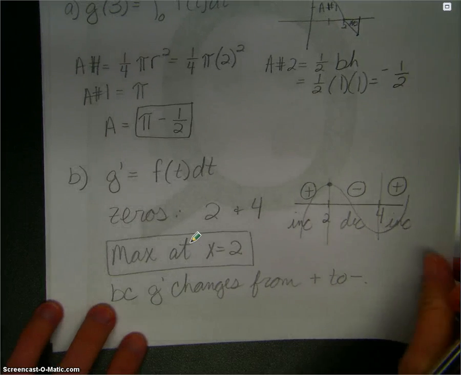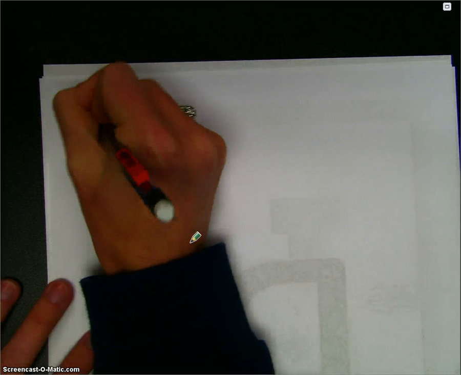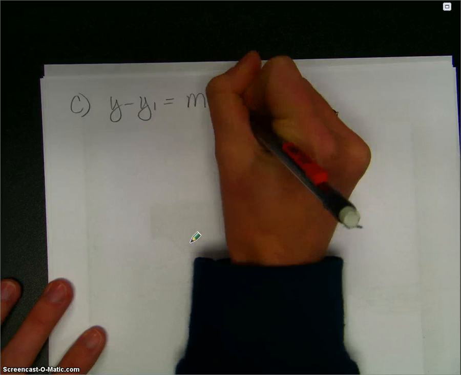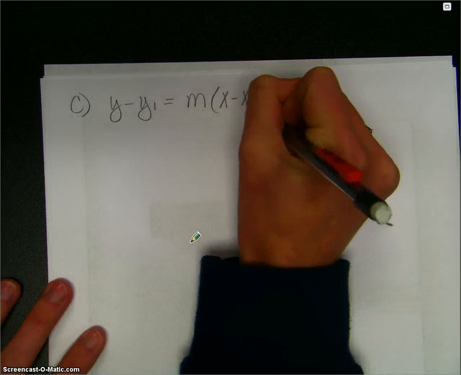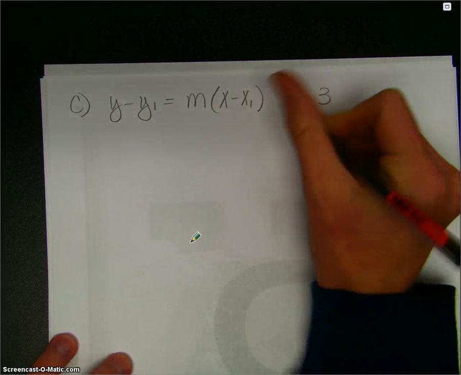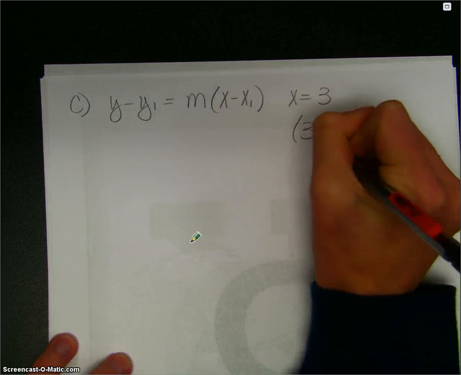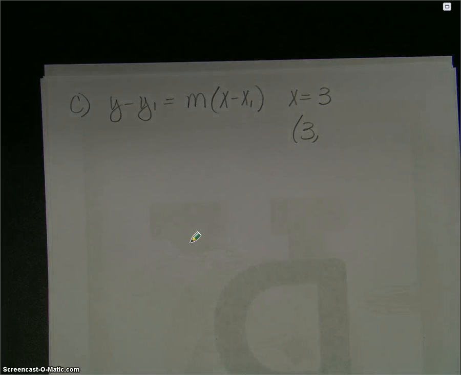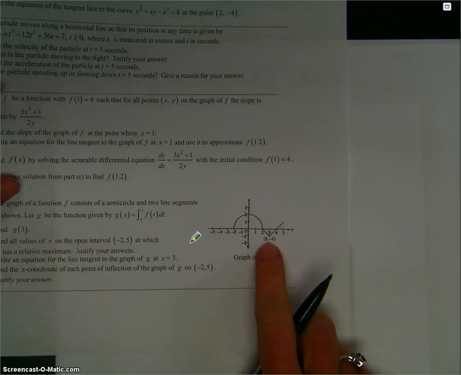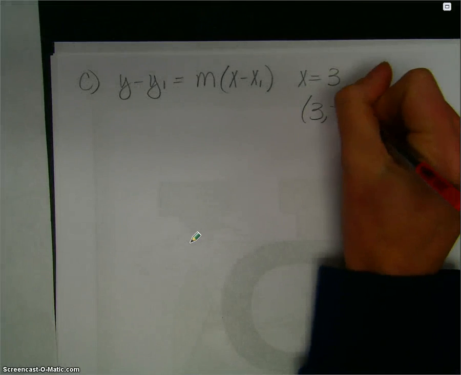On part C, they asked me to write the equation of a tangent line again. So let's write that down again: y minus y1 equals m times x minus x1, and we're working at an x value of 3. The first thing I'm going to do is find out what my point is at 3. If we look at our graph right here, they've told me that this is the point (3, -1).